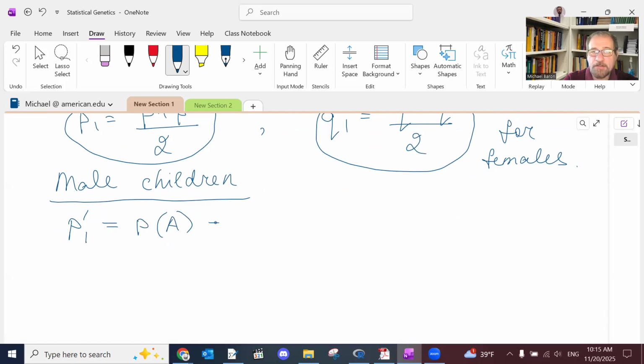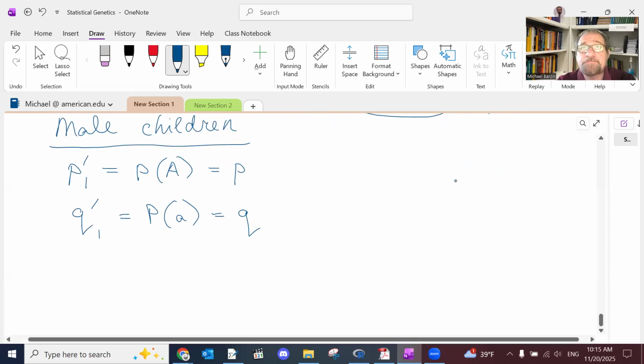Well, it's just the probability of receiving a dominant gene from the mother. They receive X chromosome from the mother, X gene from the mother. So they receive a dominant gene with probability P, and they receive a recessive gene from the mother. They can only receive X from the mother with probability Q. Okay, and that's all they can get. They don't have a pair of X chromosomes.